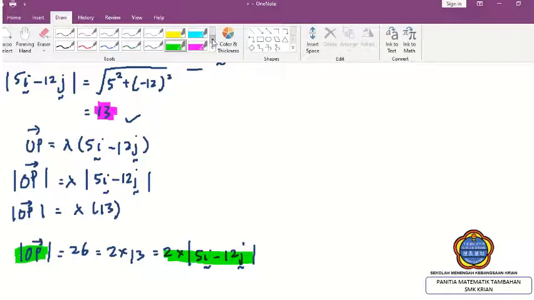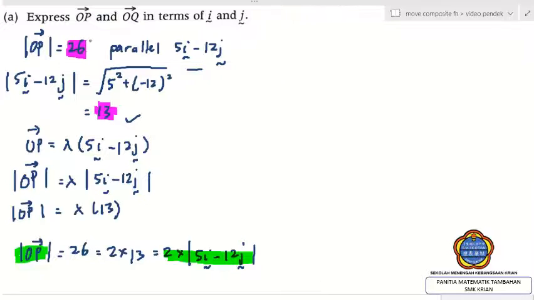Okay, in terms of vector itself, we can put OP is equal to 2 multiply vector 5i minus 12j.